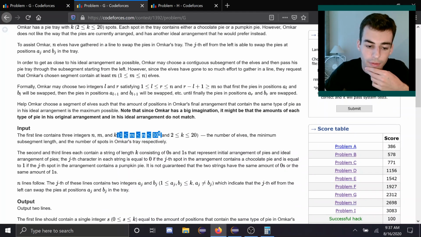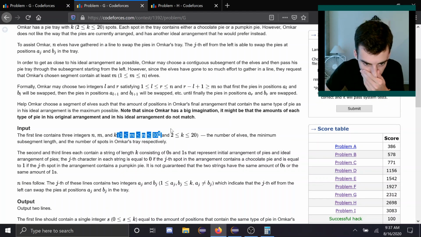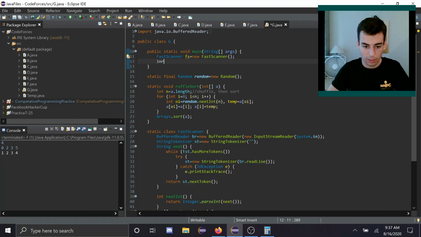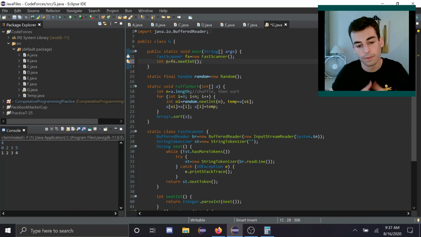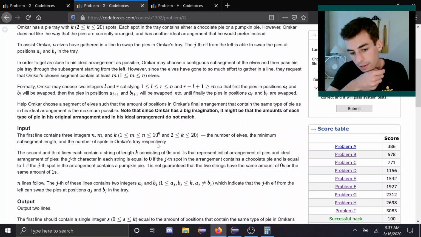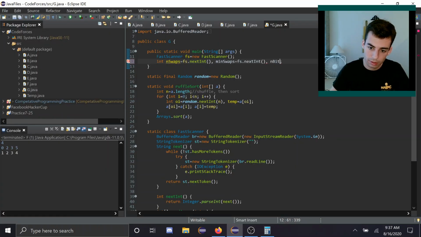Okay, so n, this thing. I guess n swaps. Min swaps is this, and then what is k? Yeah, n bits.